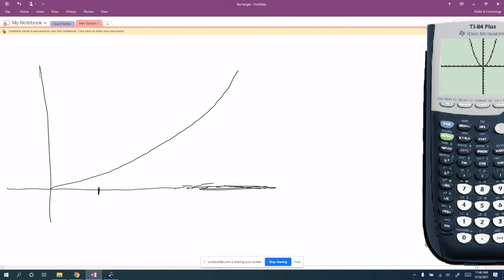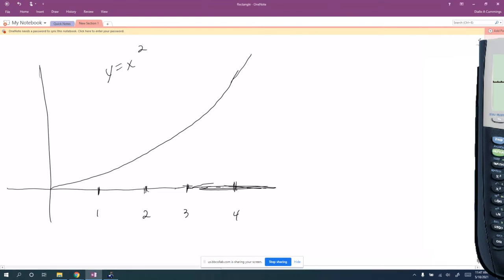So this is 1, 2, 3, and 4. So this is our graph. Y is equal to x squared. And our interval is from 2 to 4. And we want to use 4 rectangles.